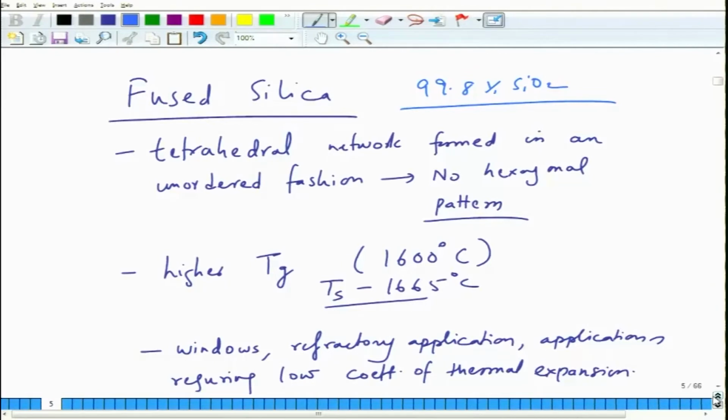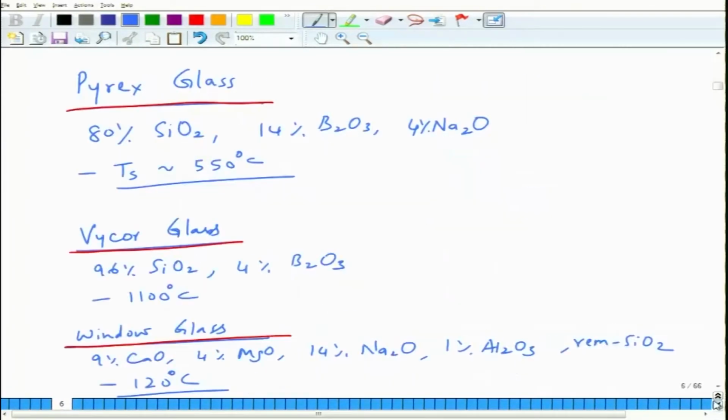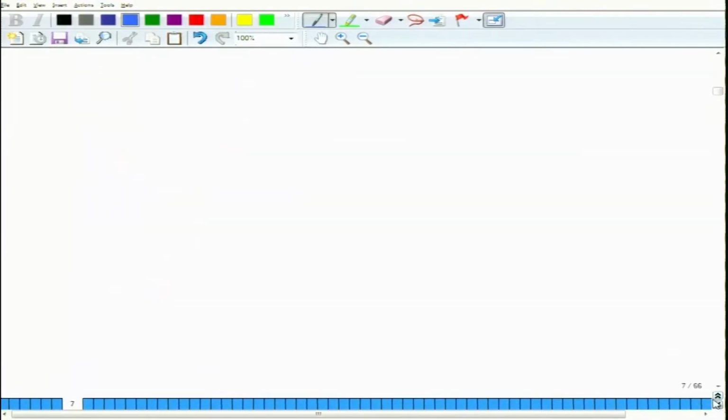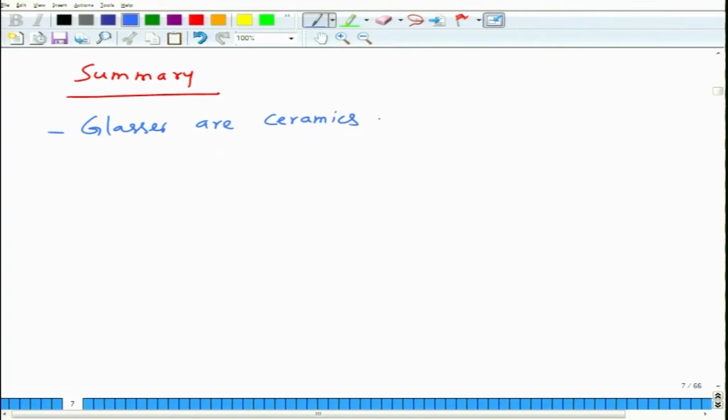So now in summary you can say that glasses are ceramics with lack of long range periodicity.